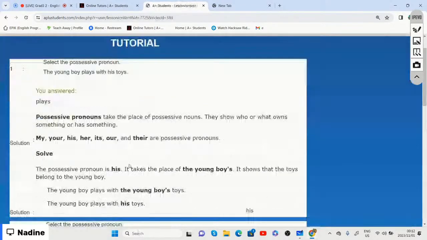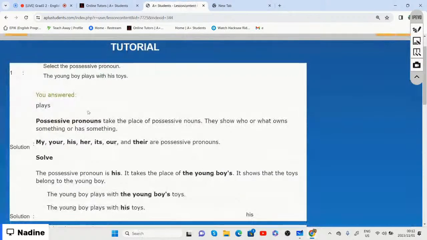We say that possessive pronouns take the place of possessive nouns, and this shows who or what owns something or if it has something. And we said possessive pronouns are my, your, his, her, its, our, and their. These are possessive pronouns.